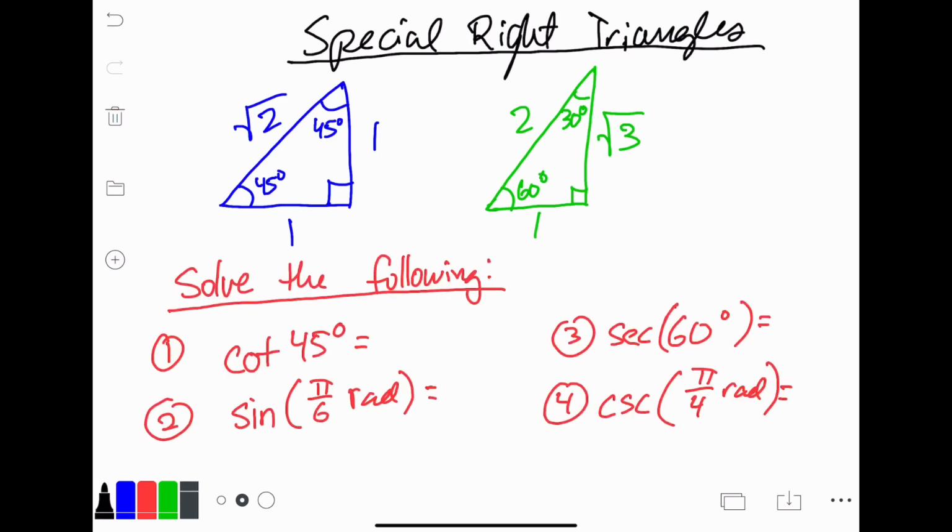So, to wrap this video up, answer these 4 trig functions using the special right triangles above. So pause this video, try to do these on your own, and when you press play again, the answers will show up in a few seconds.